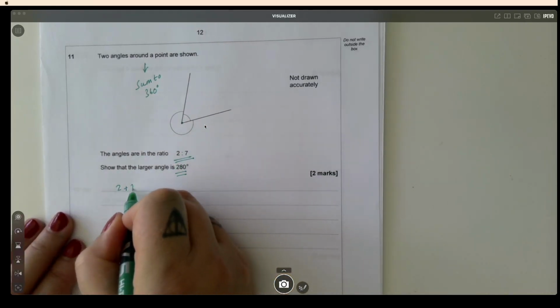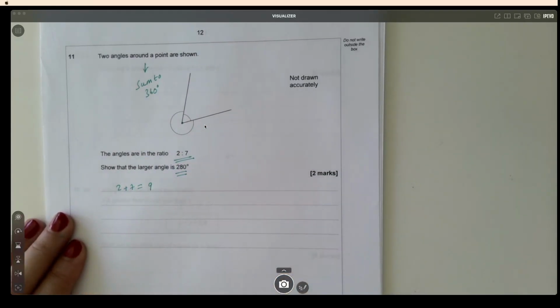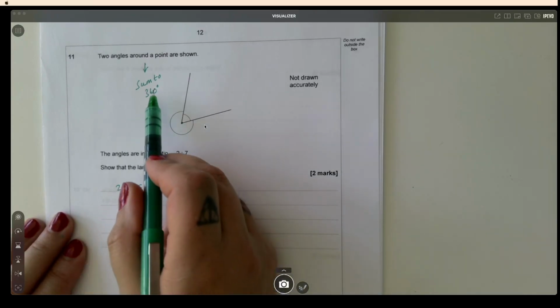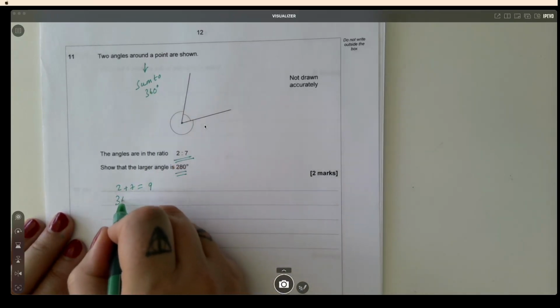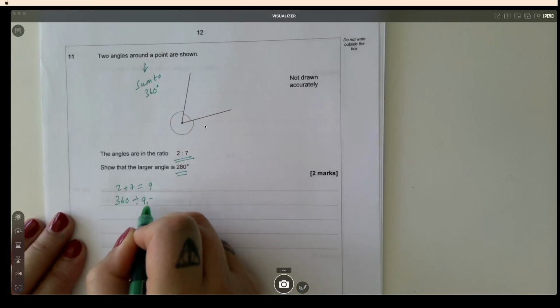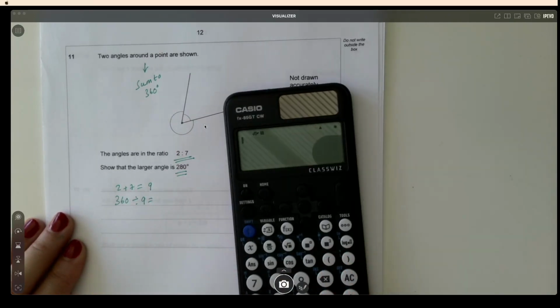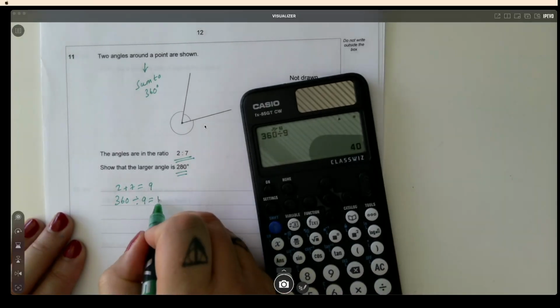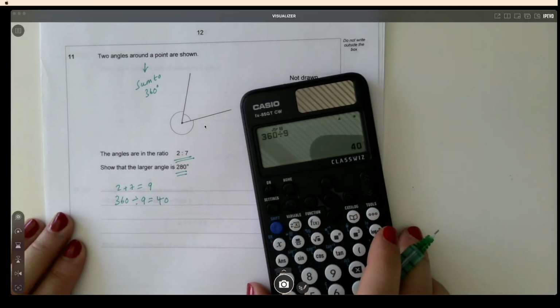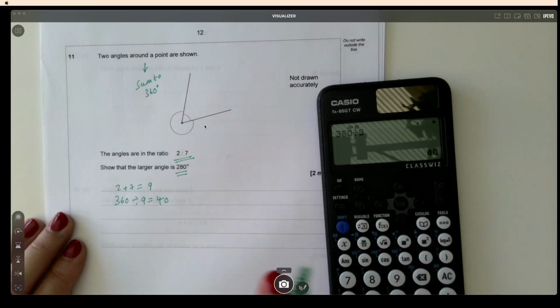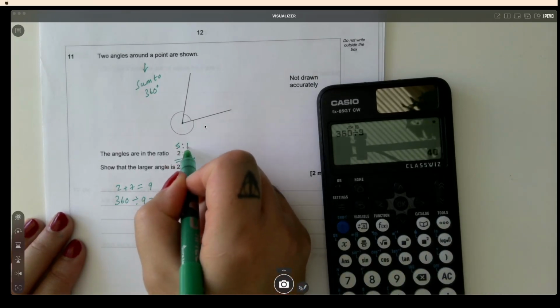So 2 plus 7 means we have 9 parts of the ratio in total. So we're going to divide the sum of the angles, 360, by 9. Remember, it's a calculator paper. 360 divided by 9 is 40. So each part of the ratio is worth 40. The smaller angle and the larger angle.